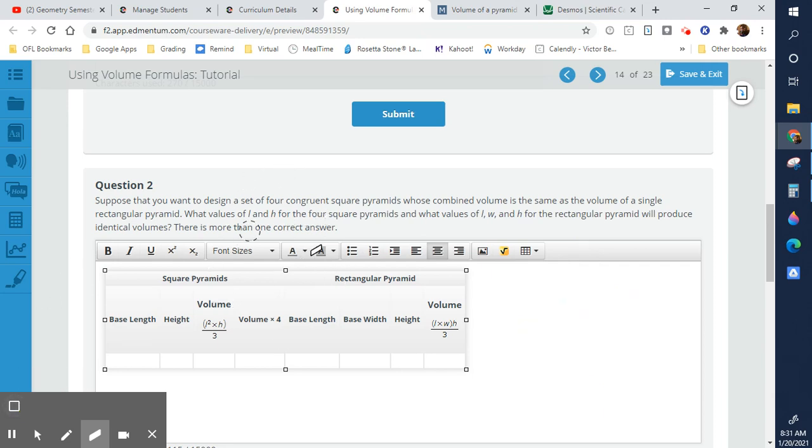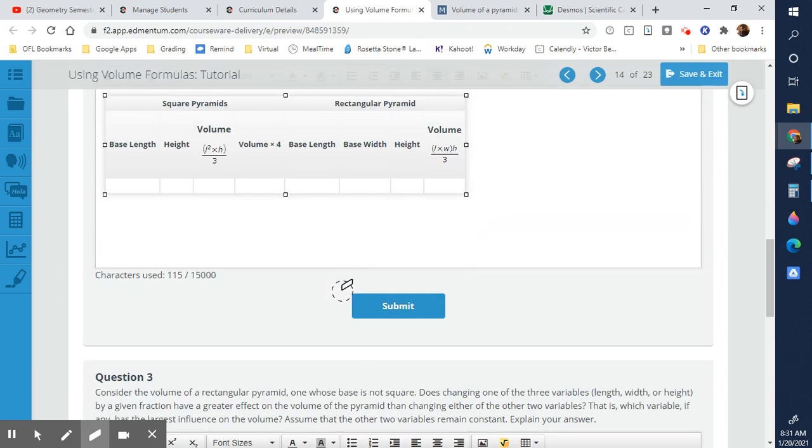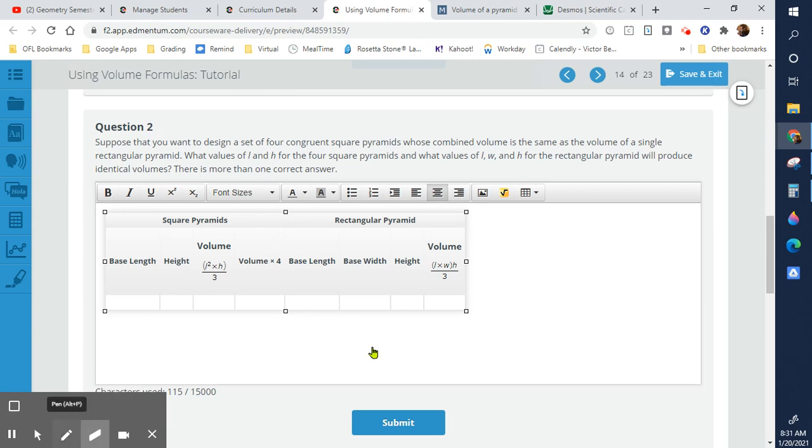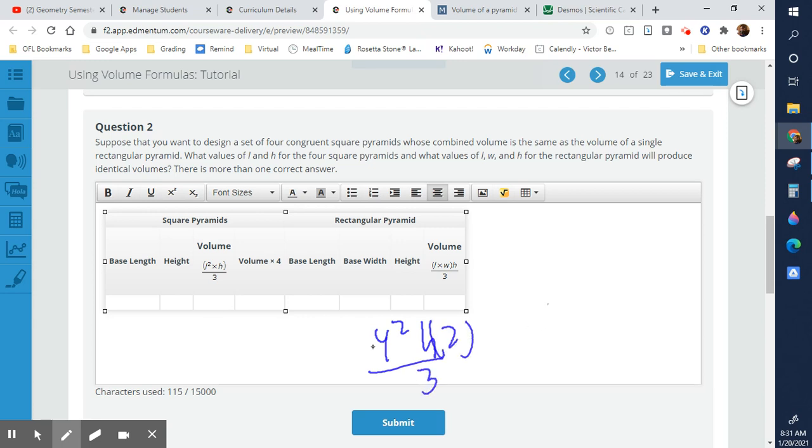I don't understand what we're supposed to learn from this, but just for a quick example, let's say I had 4 squared H, or 4 squared 2 over 3. I can easily just make this 4 times 16 because that's squared, 2.